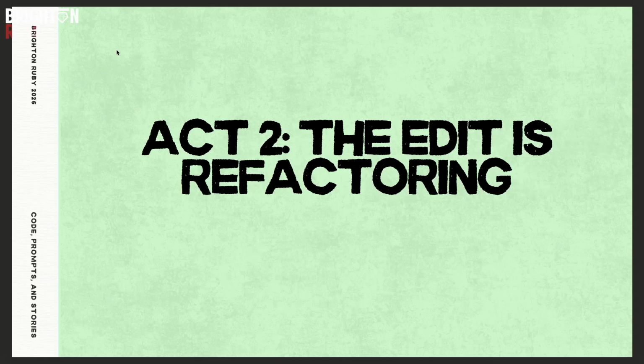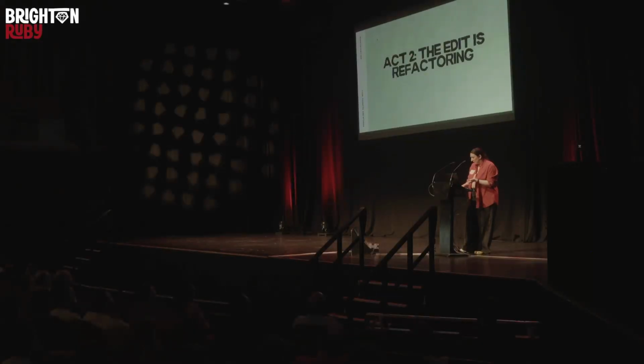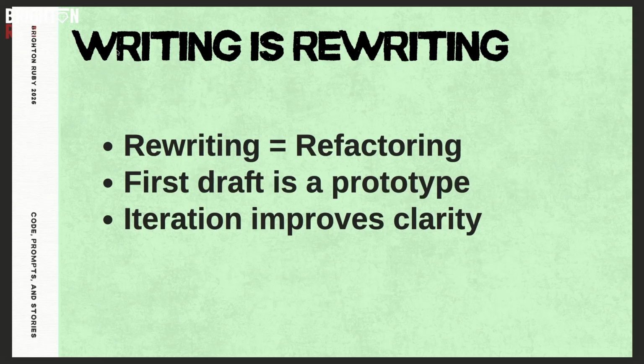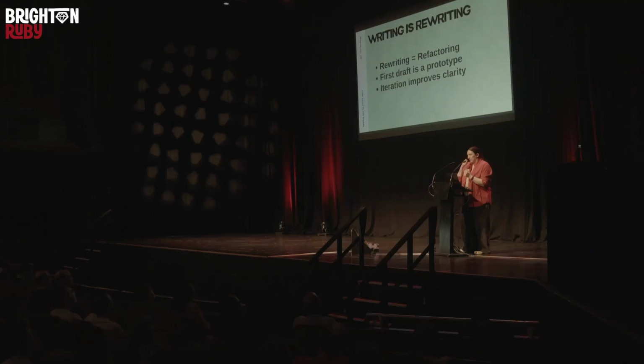So after all those principles are applied, we might end up with the first draft of something, and the next step would be to edit this draft. And editing is very similar to refactoring. Again, very famous phrase, writing is rewriting, and in our case, rewriting is refactoring. The first draft we usually get is a prototype.